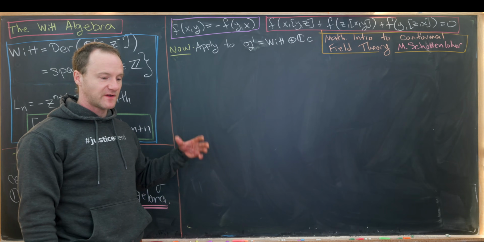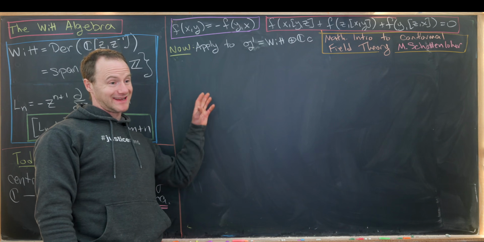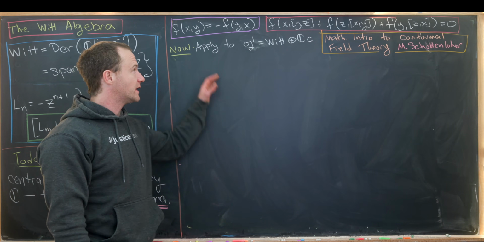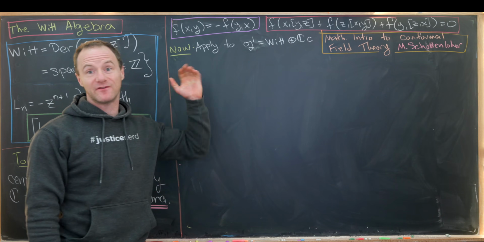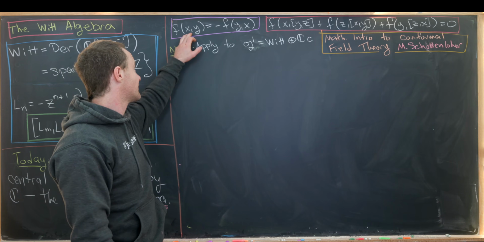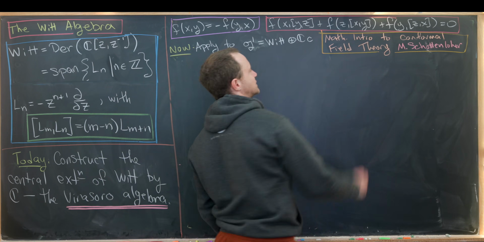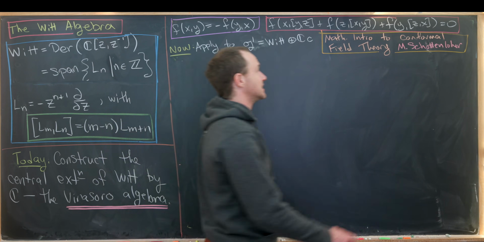So towards defining the bracket on our extension of our Lie algebra by a one-dimensional vector space, we came up with the following rules for that function f. First, f of xy must be equal to minus f of yx, and then this thing right here, which is related to the Jacobi identity.